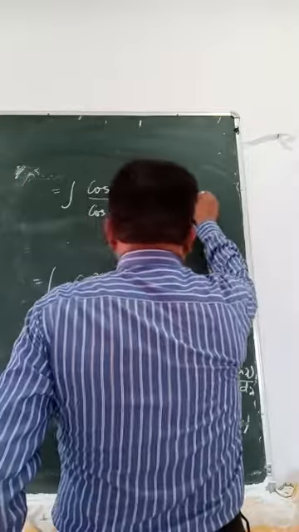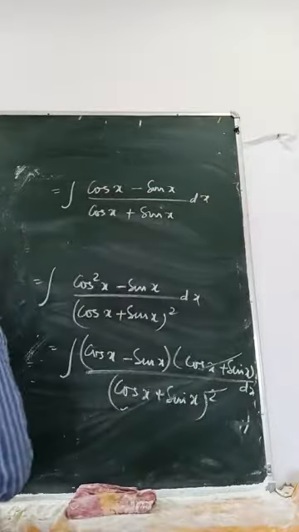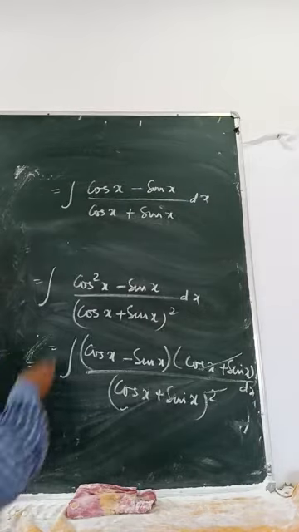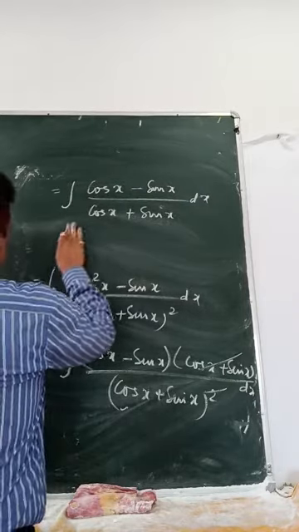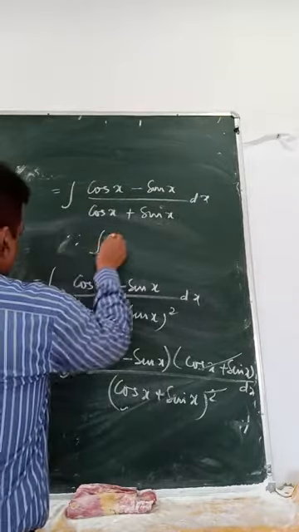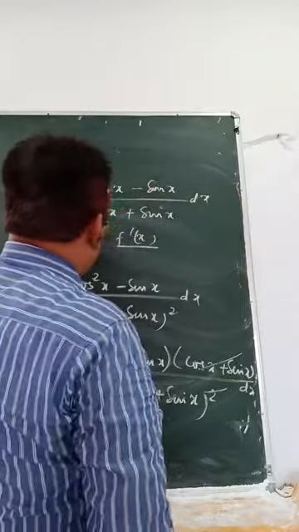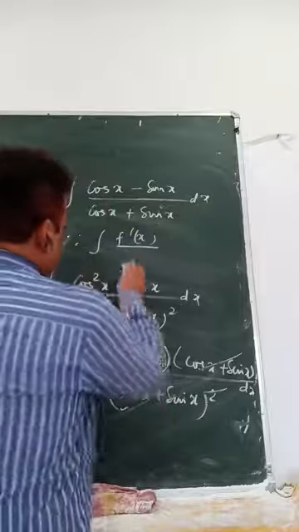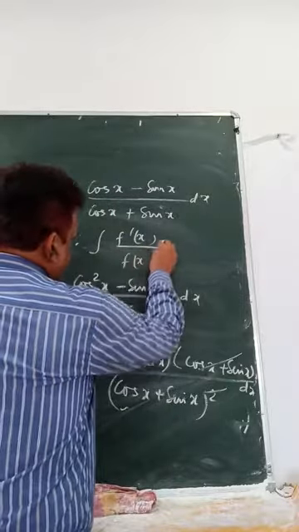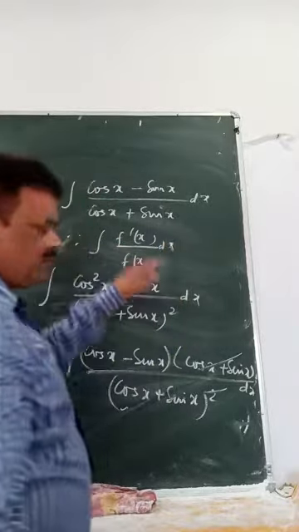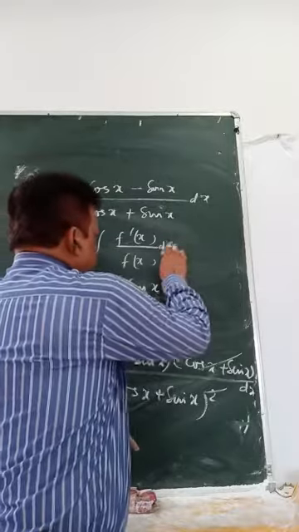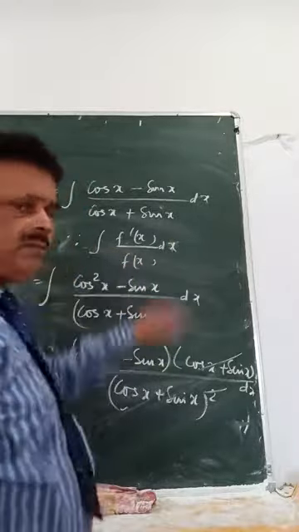So the formula to be used. Which formula? F dash x over f x, because this is the derivative of this, and this is your function. Don't go for t every time, because now you have learned how to use the direct formula.